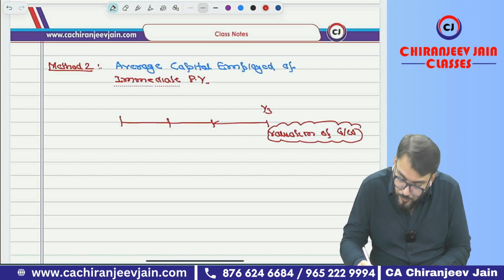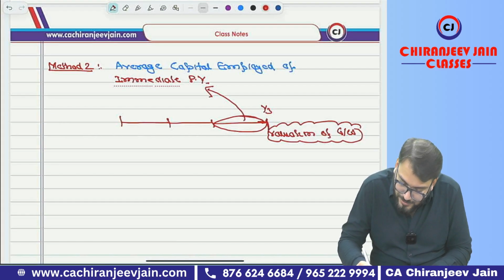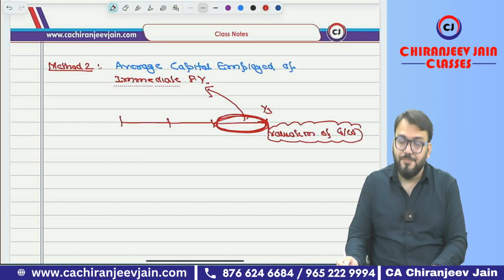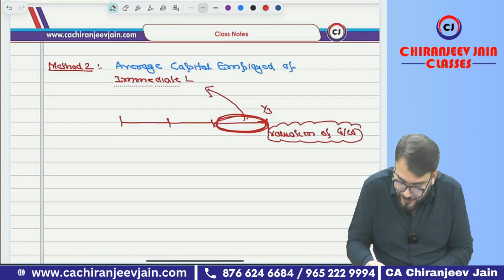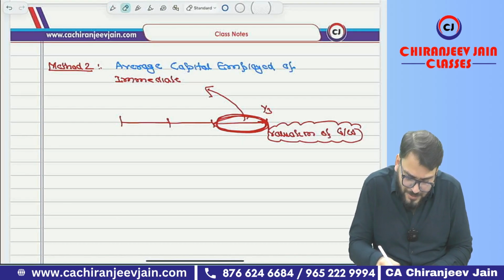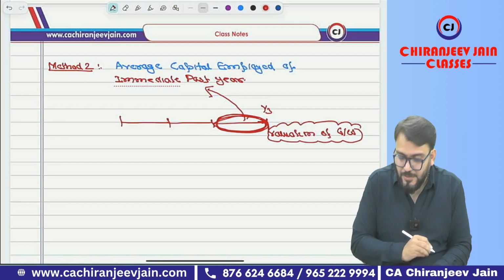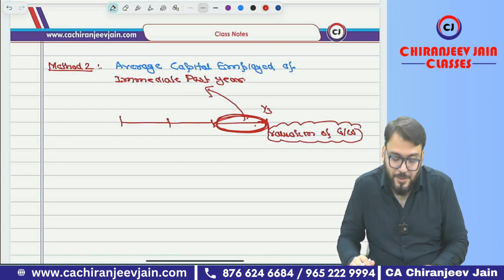Correct. So we'll calculate the average capital employed of this year, because as on this date, this is the immediate previous year. Better write immediate past year. Okay. So for this year, we'll calculate average capital employed.